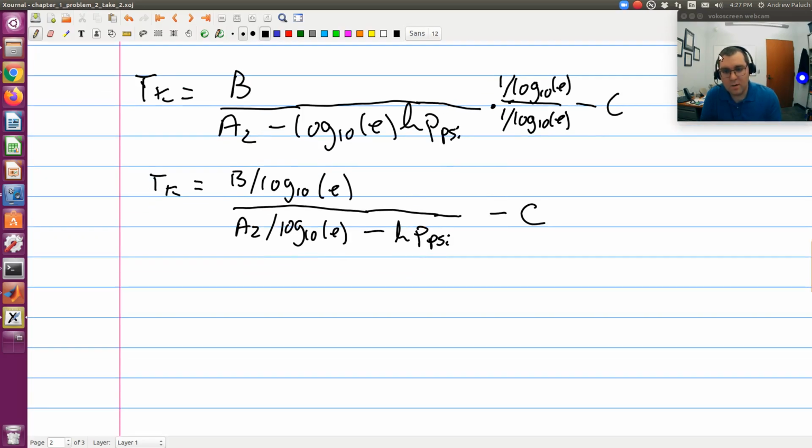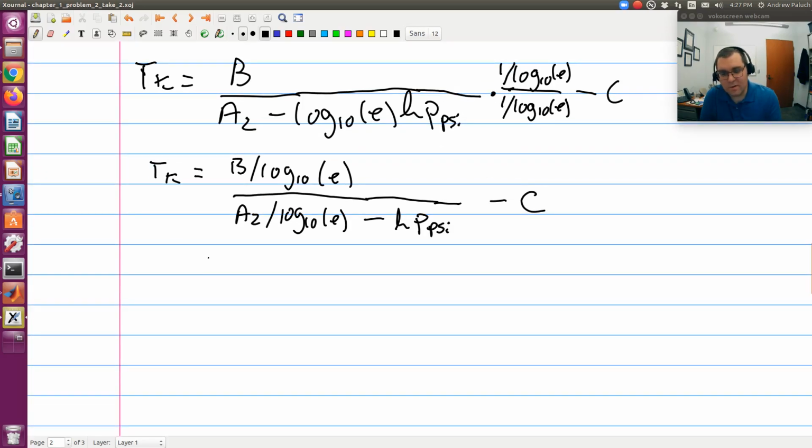Next, I'm going to define, so I'd call that a2 for some reason, let's introduce now constant b3, our third step, where our first step is what we started with. Let's define b3 is equal to b divided by log base 10 of e.